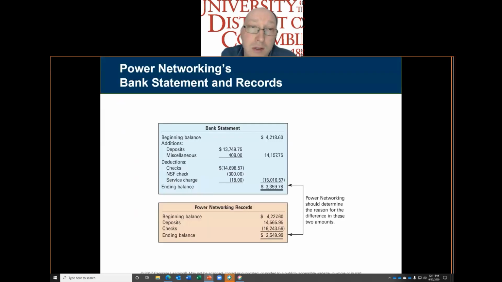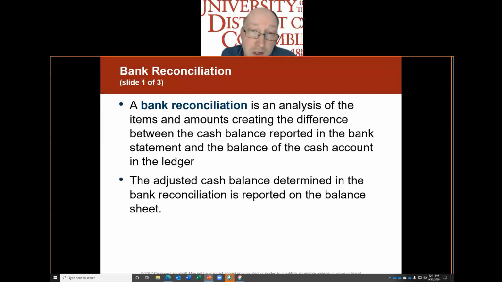Where is my reconciliation? Bank reconciliation. A bank reconciliation is where we take the bank statement and compare it to our accounting ledger, right?